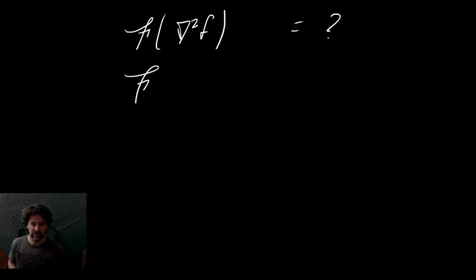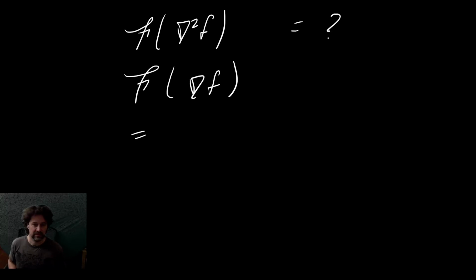So the first thing we have to do is figure out what is the Fourier transform of del squared f. We can start with an easier problem and say, what is the Fourier transform of just grad f?